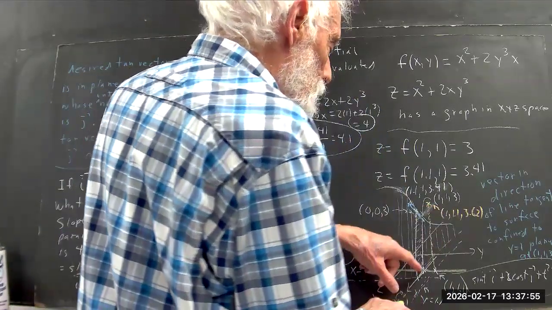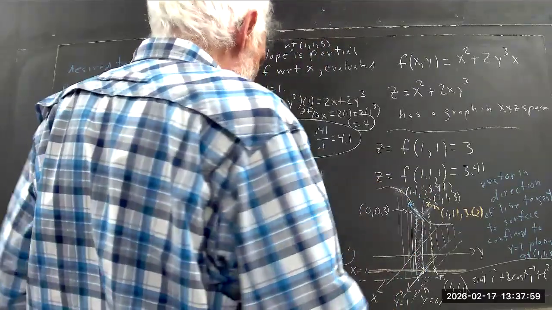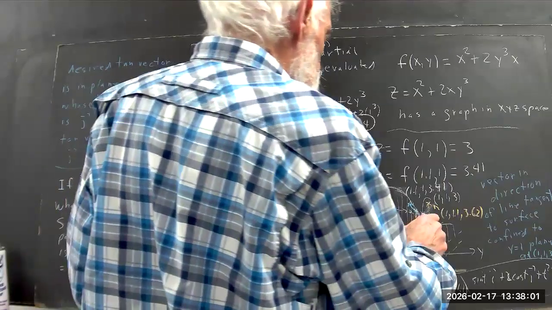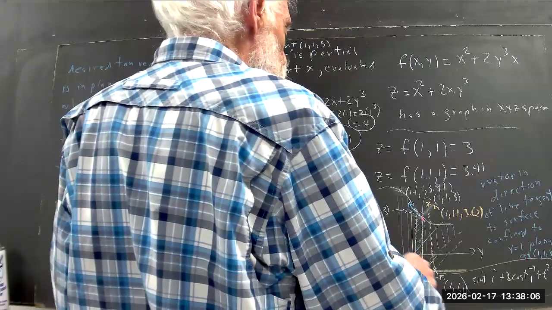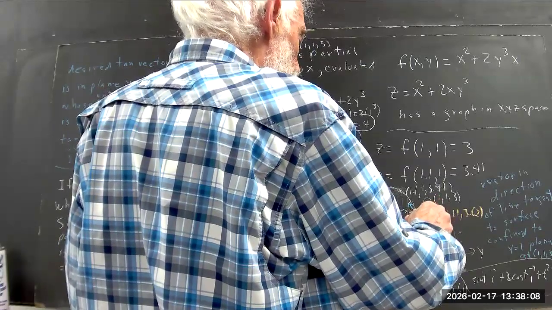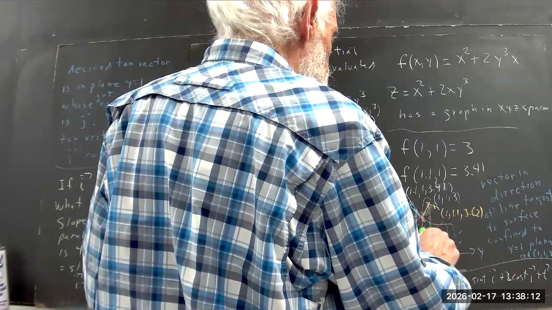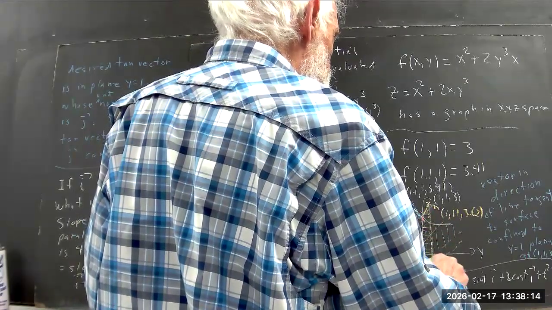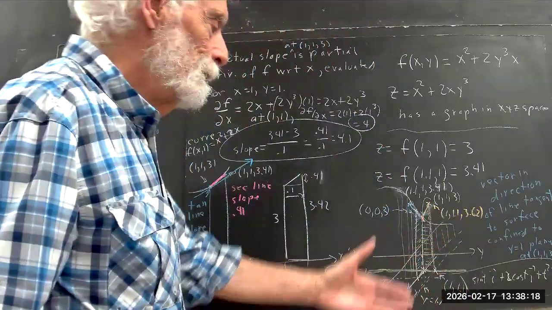Now, from the 1,1,3 point, which is kind of our central point, and I'll make that red, in this plane I come up here. Now this plane is parallel to the y-axis.